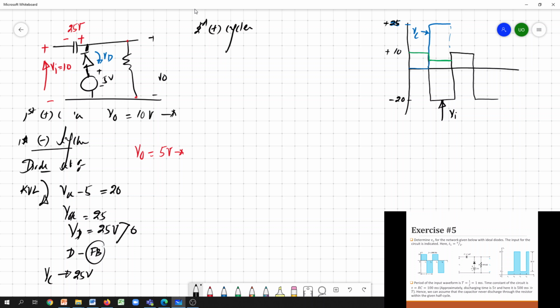So we'll apply Kirchhoff voltage law to evaluate the actual voltage across the diode to verify whether it's forward or reverse. Now we have 10 volt as input. So this capacitor is already charged to 25. So then we have open circuit voltage across the diode and minus 5.